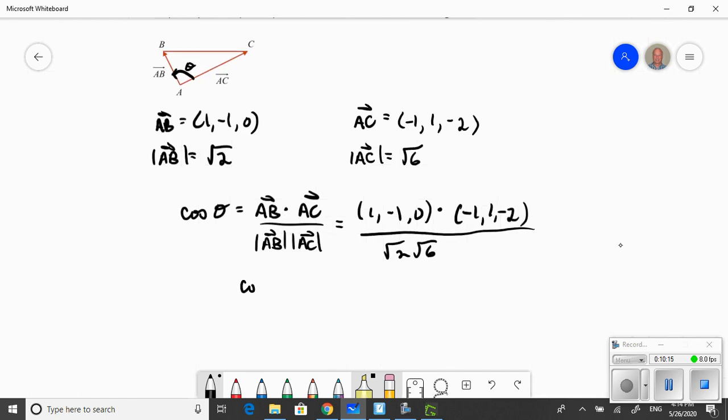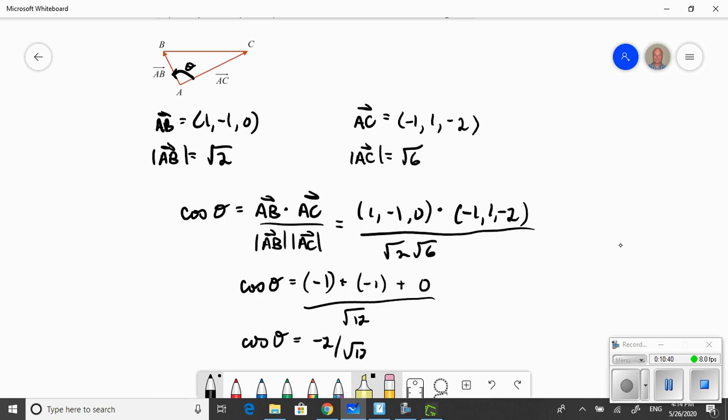That means I've got cos theta equals, I'll do this all in one full swoop. 1 times -1 is -1. -1 times 1 is -1. And then I've got a 0 here, and that's over the square root of 12. And cos theta then is -2 over square root of 12.